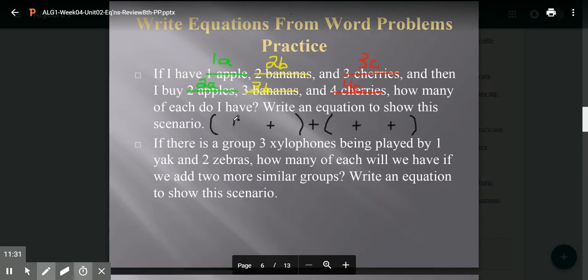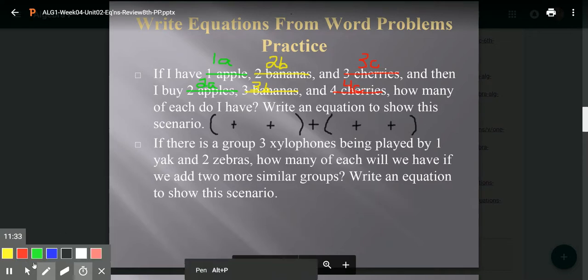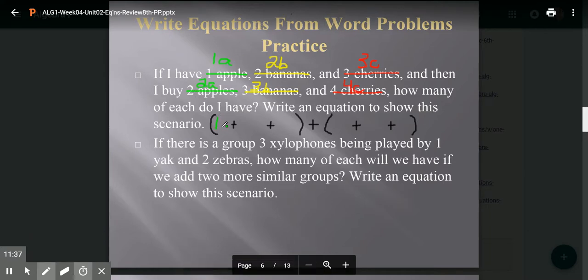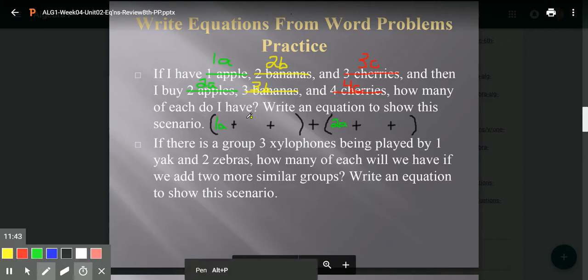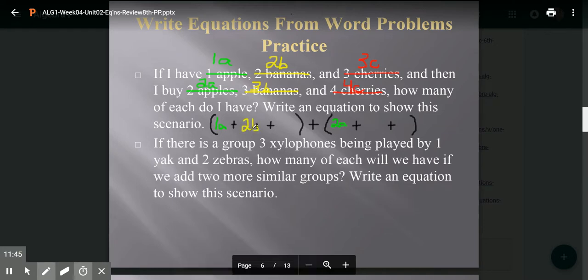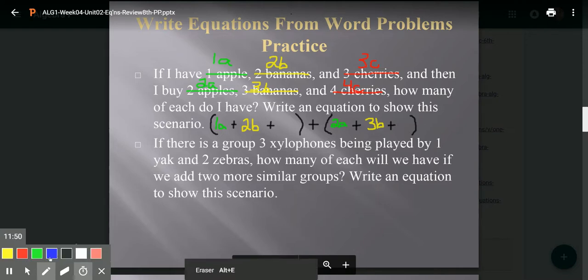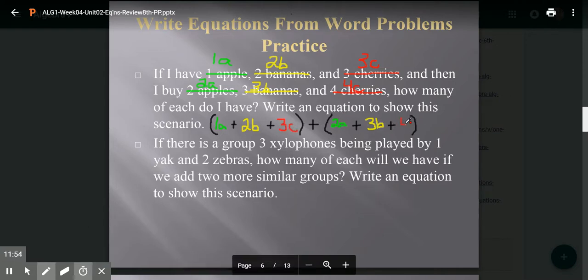This is going to be very similar to what we did on the previous slide. This is just showing it in equation form. So we're going to have our 1a and our 2a, and our 2b and our 3b, and our 3c and our 4c.